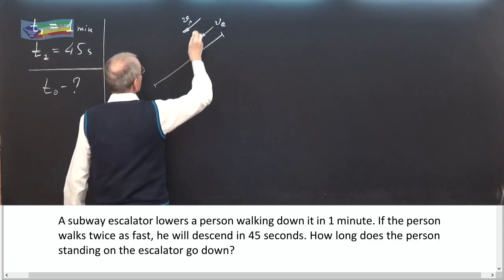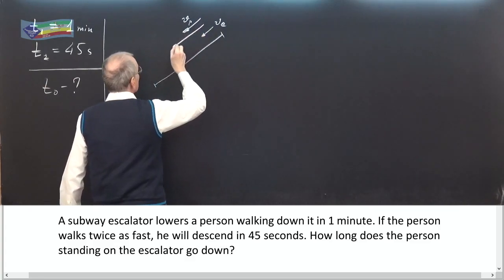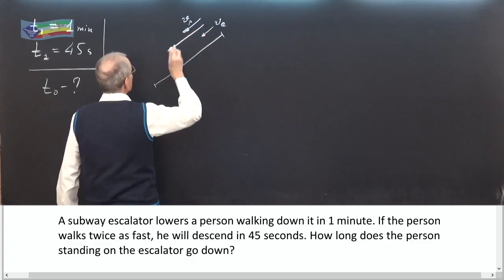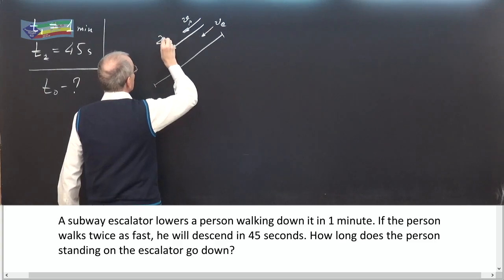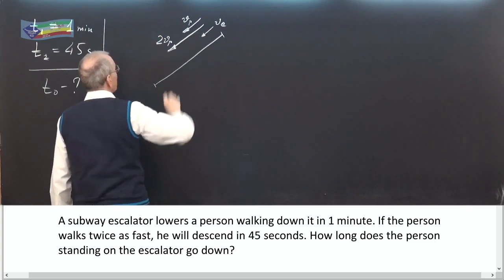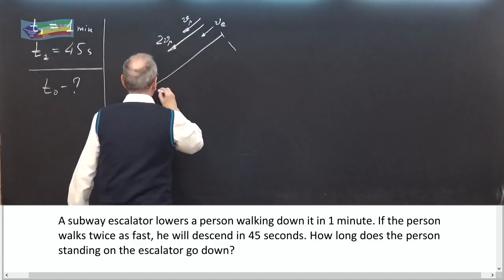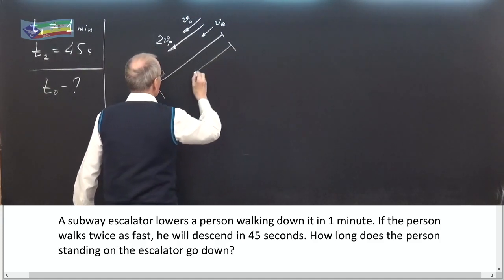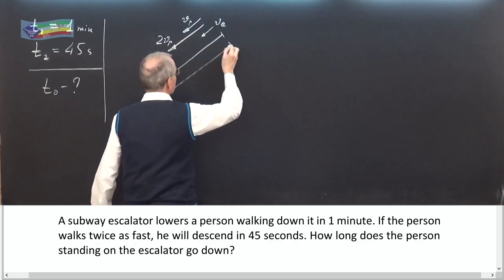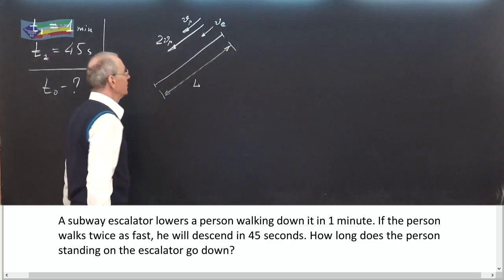In the second case, the speed of the passenger is doubled, double Vp. Let L stand for the length of the escalator.